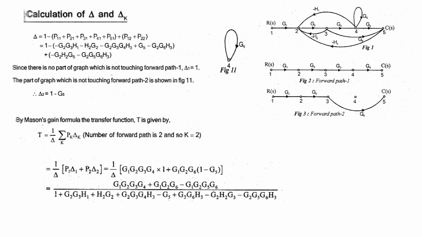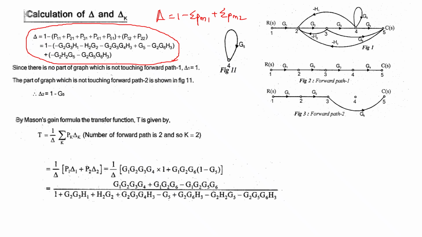So my delta can be restricted to the formula 1 minus sigma PM1 plus sigma PM2, which leads to this particular expression. We combine all the values found in the previous discussion. Now delta is known. We are supposed to find delta 1 and delta 2.